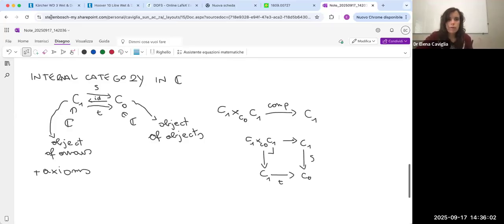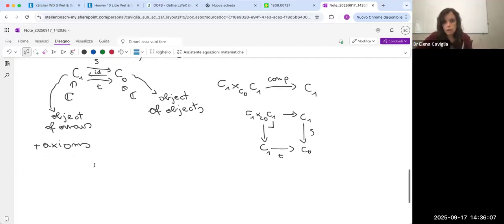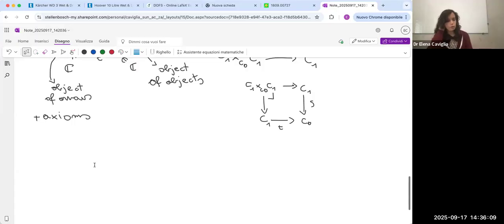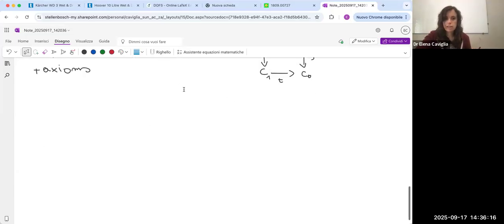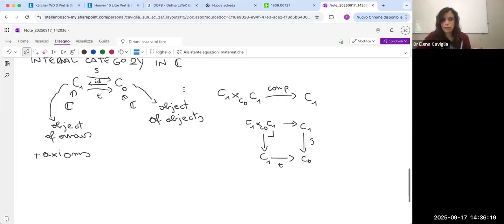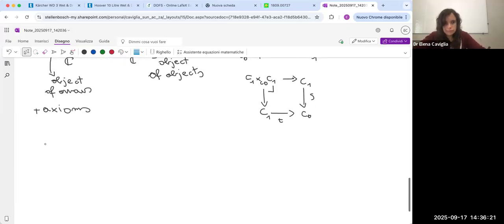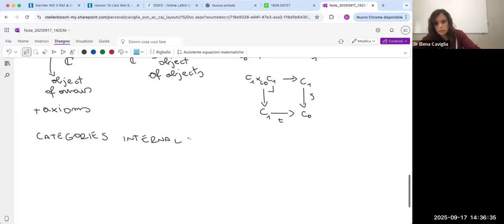Good. But now we want to see what this looks like when we do it in CAT. So now our category C will be CAT, the category of categories, and we'll see that we should recover double categories. So now we look at categories internal to CAT.